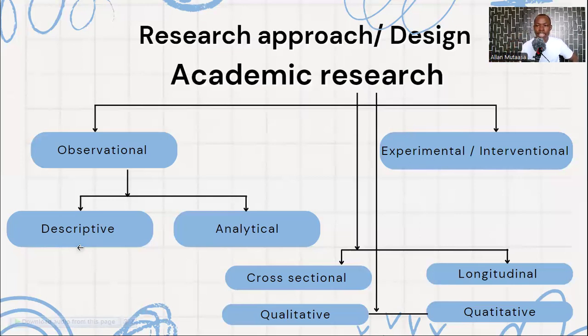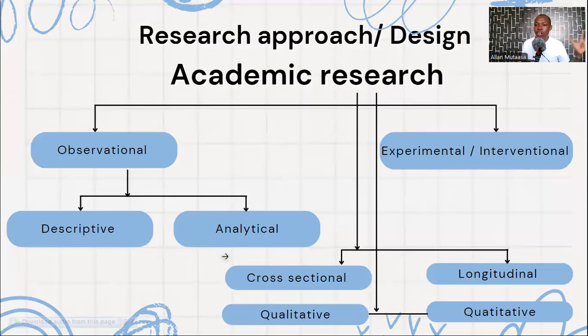So a descriptive study is one in which the researcher is only going to describe the distribution of one or more of the variables. It's going to become clearer as we go. Don't worry. Then the opposite of a descriptive study is an analytical study. An analytical study is when the researcher is striving to quantify the relationships between specifically two variables.